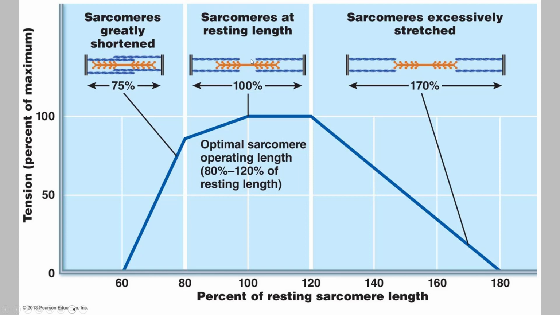Why is that? Here, when it's slightly stretched, look at these myosin heads and their relationship to the actin. Every one of these myosin heads can grasp the actin and form a cross bridge and pull that actin towards the M line. We get a lot of contractile strength there.